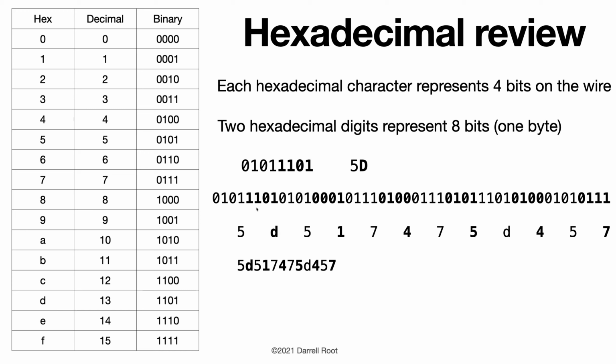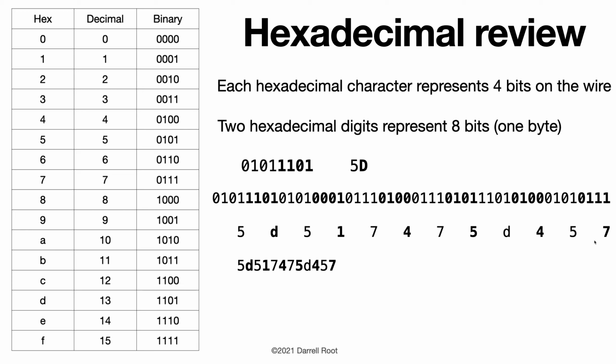Here we have 1101. 1, not adding 2, adding 4, adding 8. So 8 plus 4 plus 1 is 13, which is D in hexadecimal. And so on. So that way we can convert the 48 bits into hexadecimal characters.